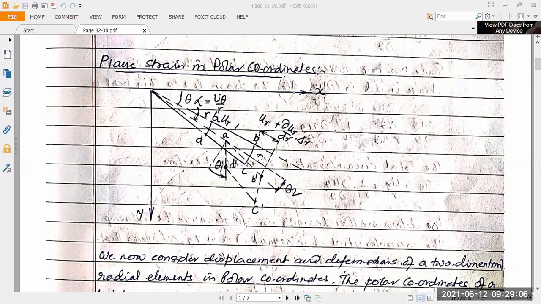Here we are increasing the radius r by ur, the radial displacement, but not delta r, which was originally the radial coordinate of B. We are saying that r plus ur into delta theta is the change in circumferential length of the particular element.